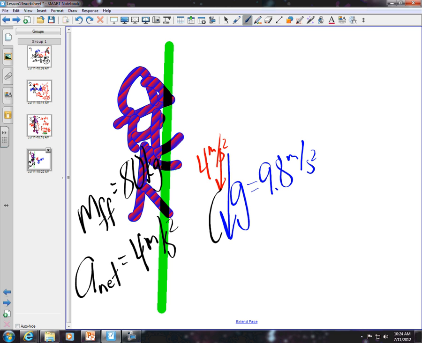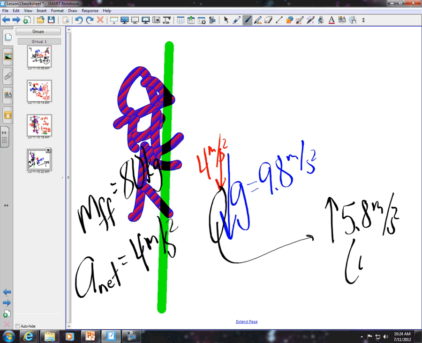Then the remainder is going to be 9.8 minus 4, or 5.8 meters per second squared, up, meaning in the opposite direction of the intended slide, because friction's job is to prevent slipping. It's not doing a perfect job, but it is going against that slip. So this is the acceleration from friction. It's in the opposite direction of what we intended, so that's what we would use.